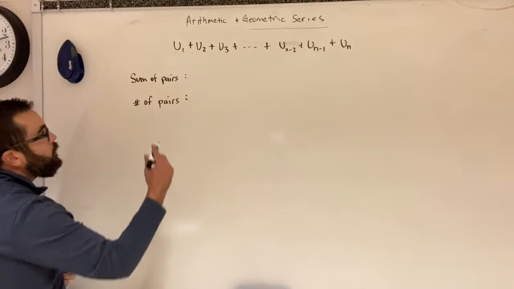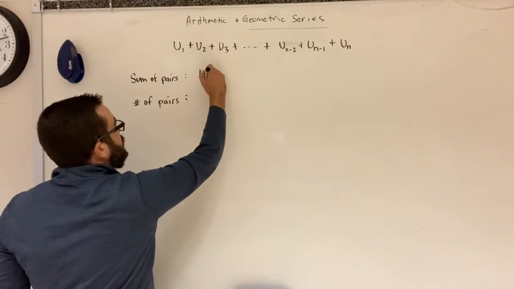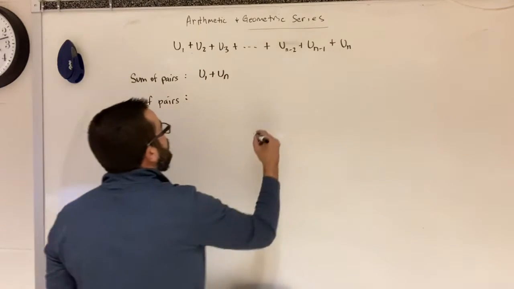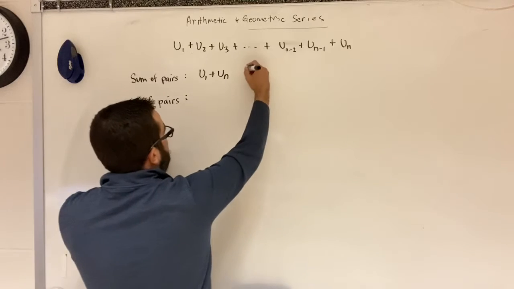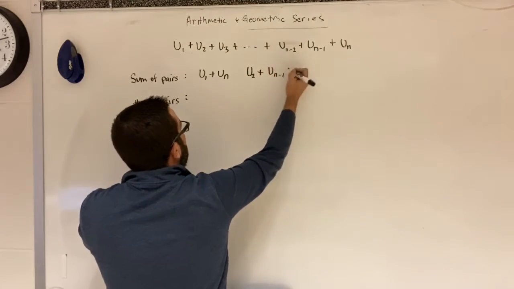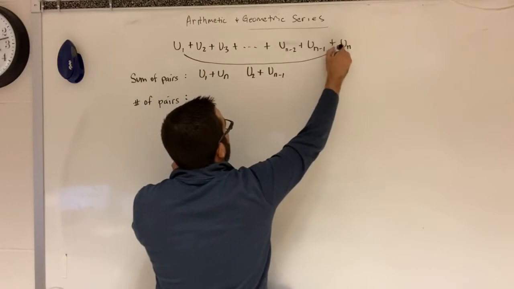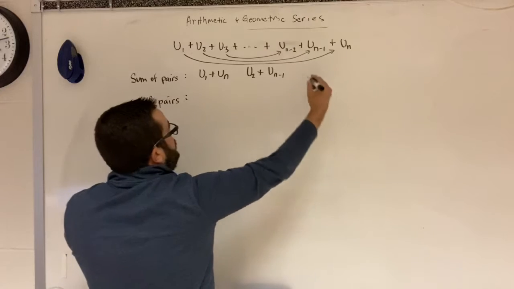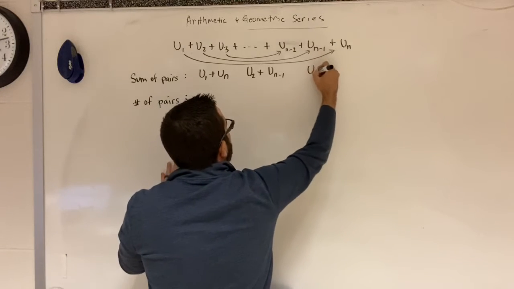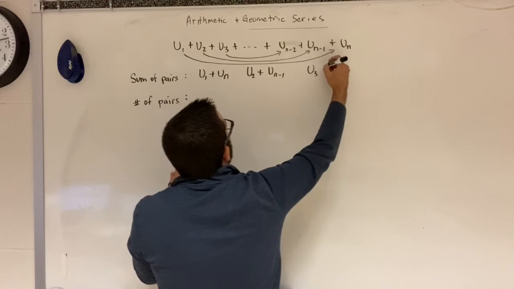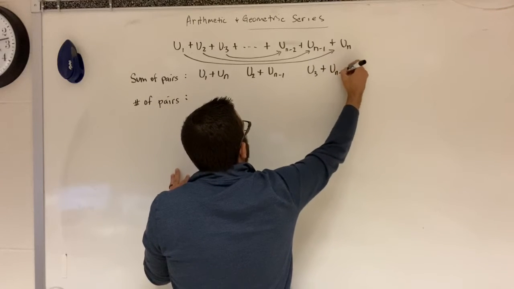So let's do our pairing again. Our pairs are going to be u1 plus u sub n. That's one pair. The next pair is going to be u sub 2 plus u sub n minus 1. So again, I'm just pairing like this. Then the third pair is going to be u sub 3 plus u sub n minus 2.